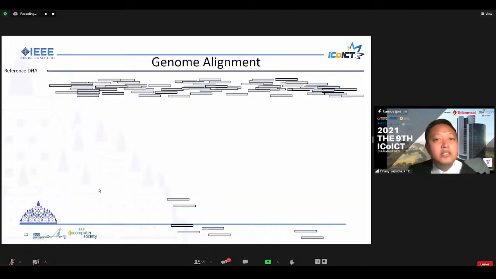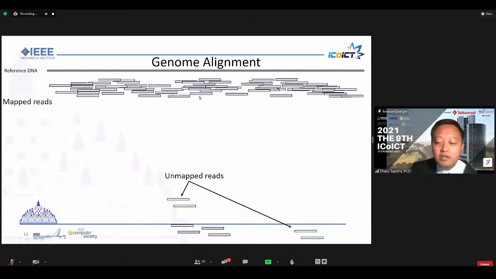Okay, so this belongs to this part of the DNA, and these are unmapped reads, and these are the mapped reads. We just do that, and sometimes, yeah, this always happens, unmapped reads.